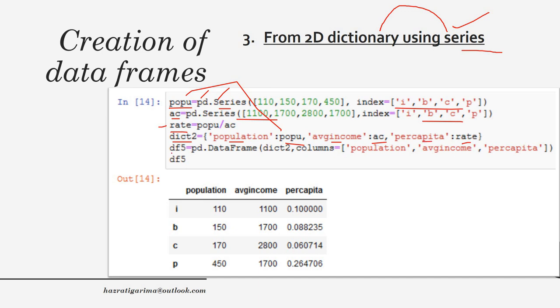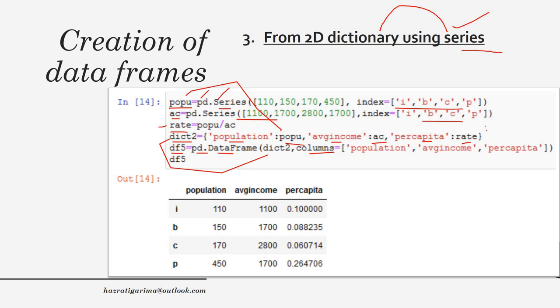Now after that I'm creating df5, my data frame object, with pd.DataFrame. I'm passing the dictionary object to my data frame. After that I'm writing columns. Keep this in your mind that the keys in the dictionary should be the same as the column names in the data frame, else it will give you an error.